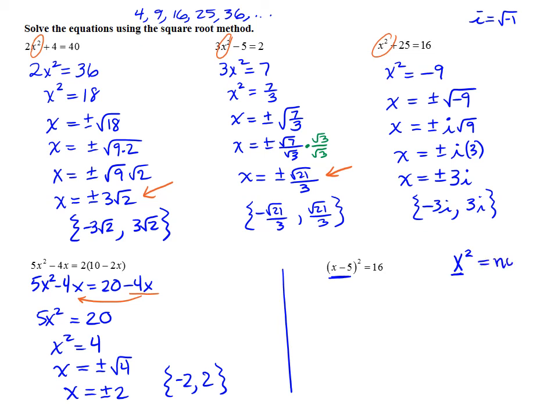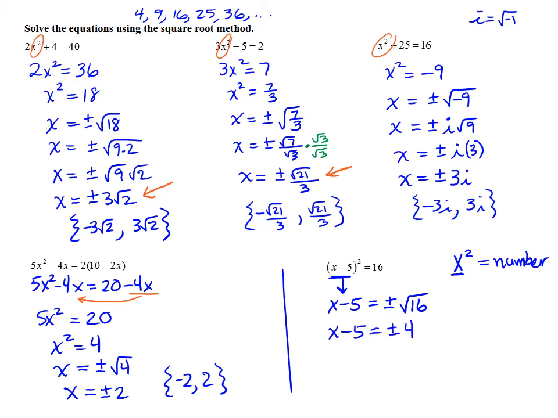So as long as we have something involving x squared by itself equal to a number, we can proceed with the square root method. But this time, instead of getting out just x here, I'm going to have x minus 5 equals plus or minus, still with the square root method, the square root of that number 16. Simplify that stuff. x minus 5 equals plus or minus 4.